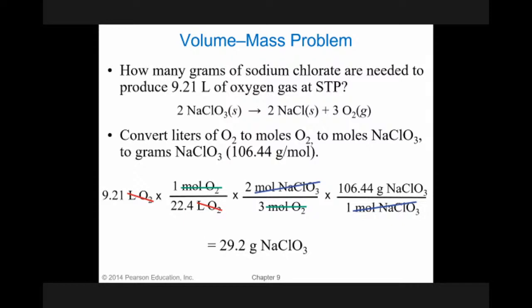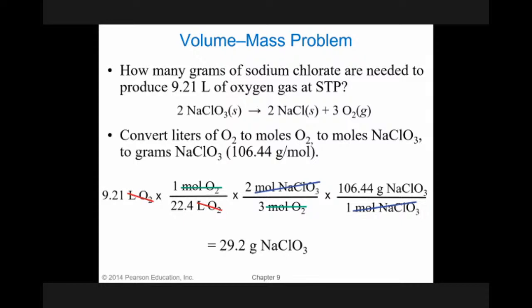So therefore, you start with a given. 9.21 is on the product side. It's on the product side. That's what you're making. But what material do you start with to make that? Start with what's given to you.